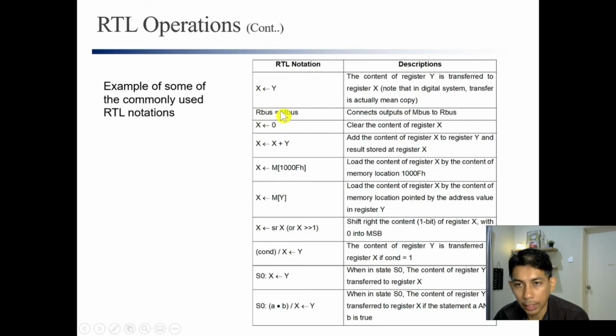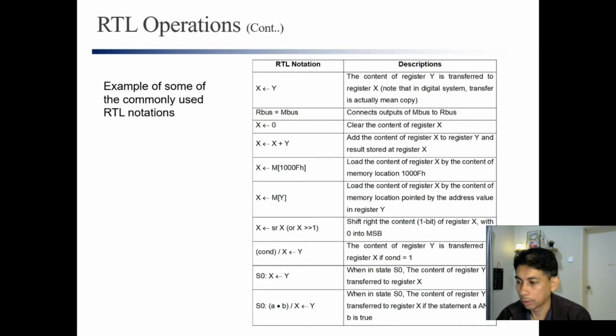Next, if we want to connect a bus or a wire, the name for the first wire is, for example, M bus. We want to connect M bus to R bus. This is how we do it: M bus assign equal, and R bus at the right, meaning M bus is assigned to R bus.